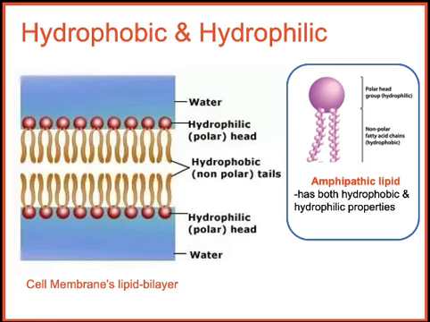So when you're in the medium, these things will kind of flip on themselves, and you will form a layer where the tails will touch each other and stay together because they're happy, but also the heads will poke out into the cytosol or outside because it's very happy in that environment too. It's nice and polar, right?